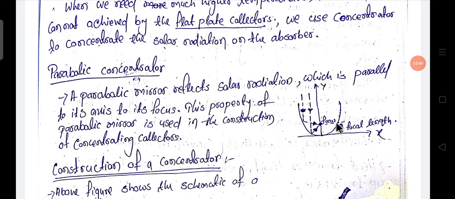Okay, and from the ground to the focus point, this length is called the focal length. By using these properties of a parabolic mirror, we can construct a concentrating collector.